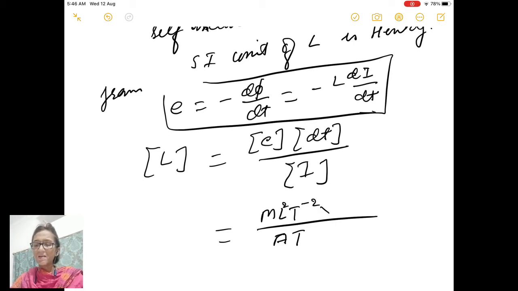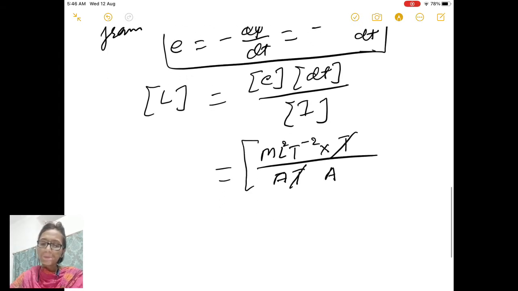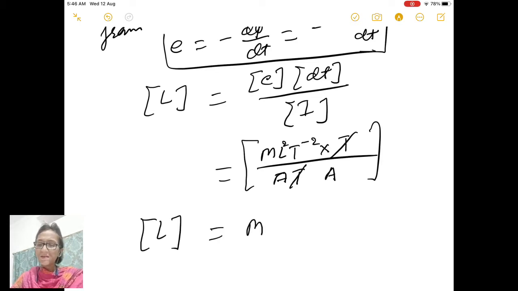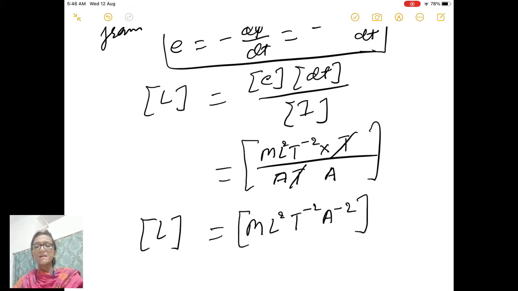For the dimension of time you will be writing T, and for I you will be writing ampere. So the dimension of self-inductance comes out equal to ML squared T power minus 2 ampere power minus 2. This is the dimension of self-inductance.